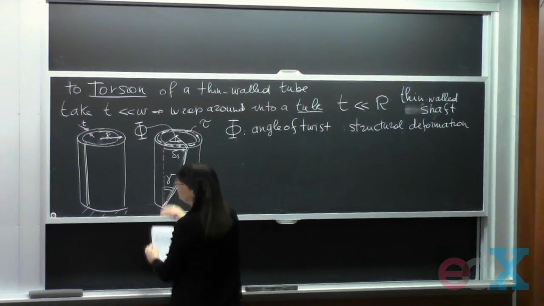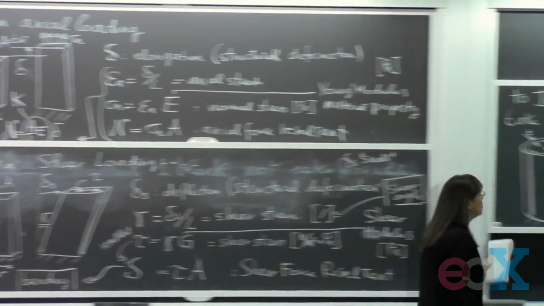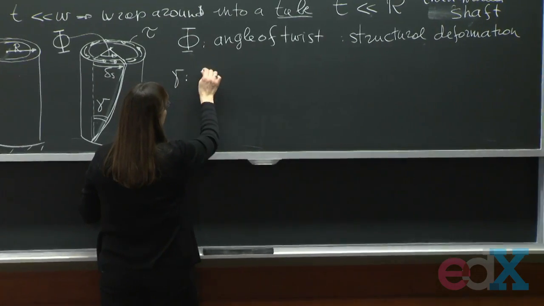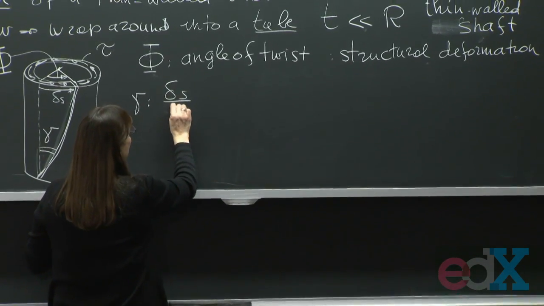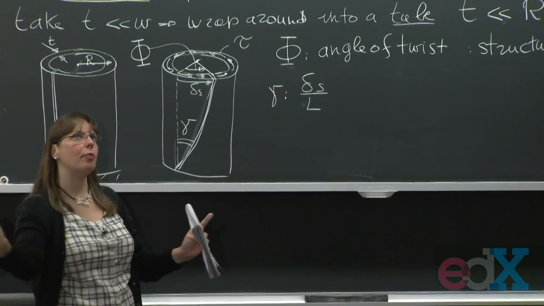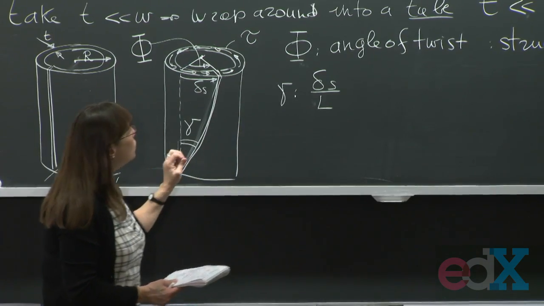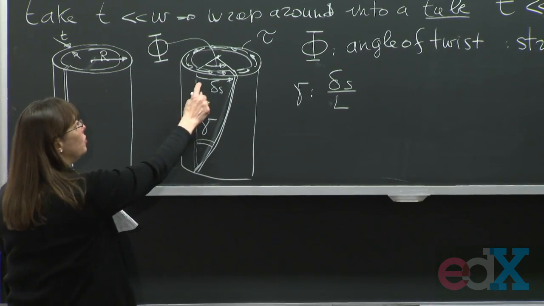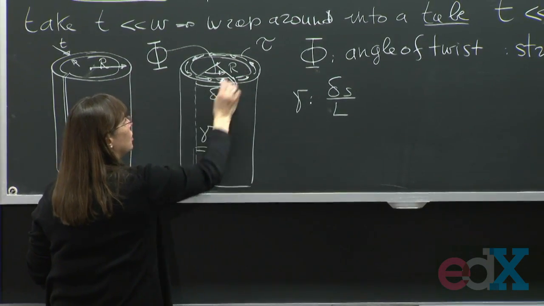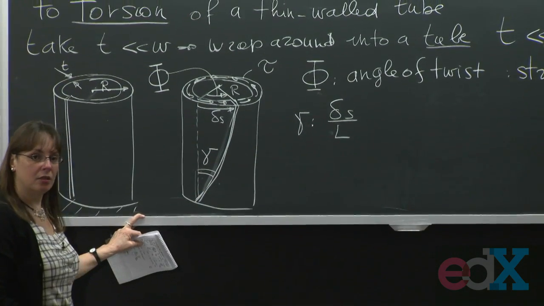Now, we already said that my shear strain, gamma, is simply delta S over L. I'm not going to change that. So gamma, which is my shear strain, is delta S over L. That's still my shear strain in the walls of this tube. Just because I wrapped it around didn't change that. Now I'm going to use the fact that I can obtain delta S either by multiplying this angle by the radius, or I can obtain it by multiplying delta by L, right?